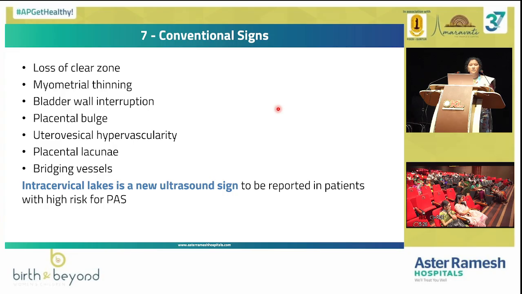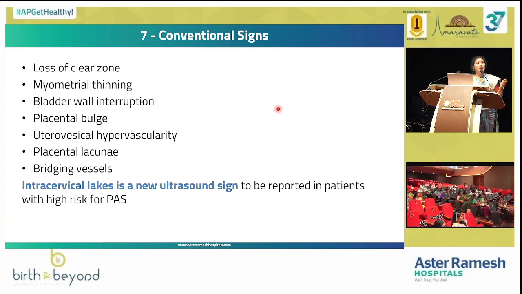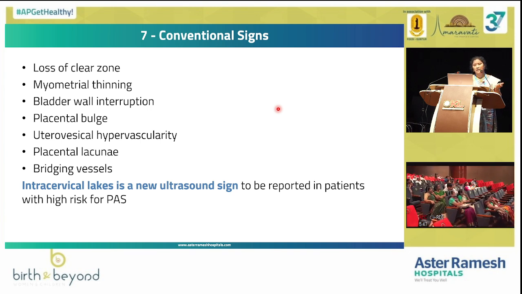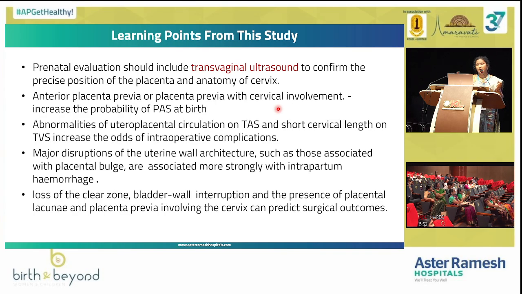And they have come to the conclusion that out of 11, 7 are the main signs. So you should see whether there is a clear zone or not, myometrial thinning, bladder wall interruption, placental bulge, uterovesical hypervascularity, placental lacunae, and bridging vessels. And they have come up with a new thing, that is, intracervical lakes is a new ultrasound sign to be reported in patients with high risk for placenta accreta spectrum.